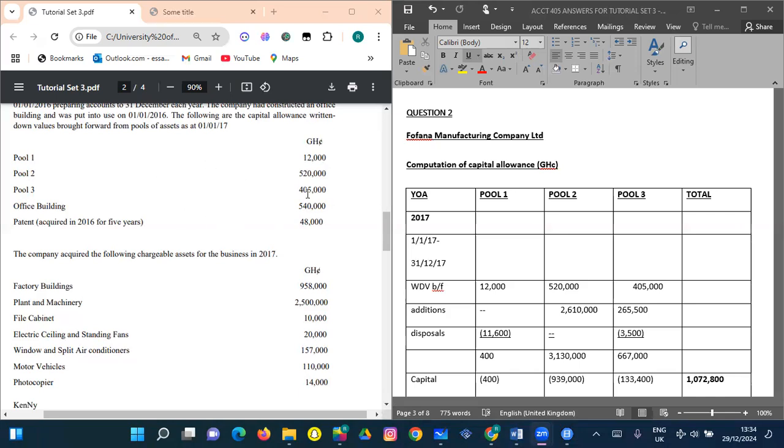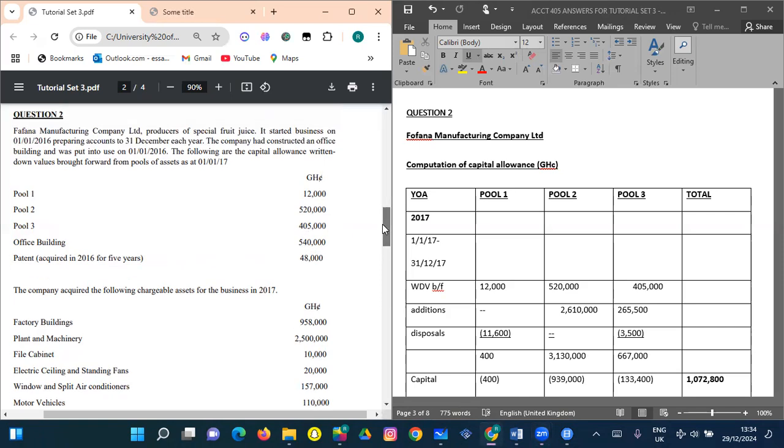Pool three, 405,000. Pool four, office building written down value is 540,000. And the patent was acquired in 2016 for 5 years, and it was having a value of 48,000, right? So basically, this is it here. Since they didn't put this in pool four and they separated it, I also advise you do the same thing when answering it.